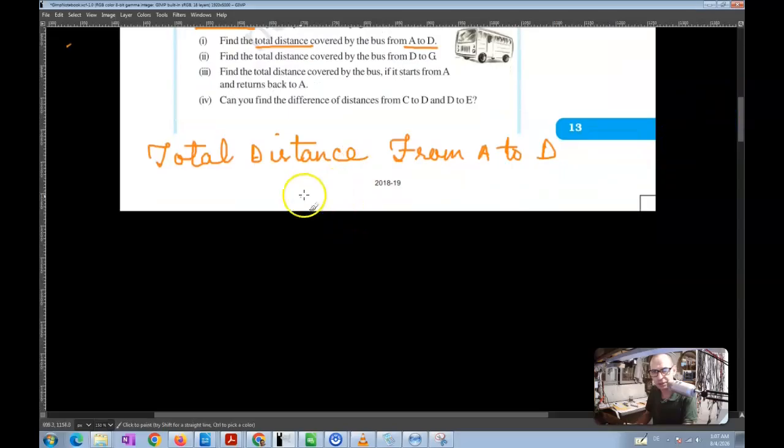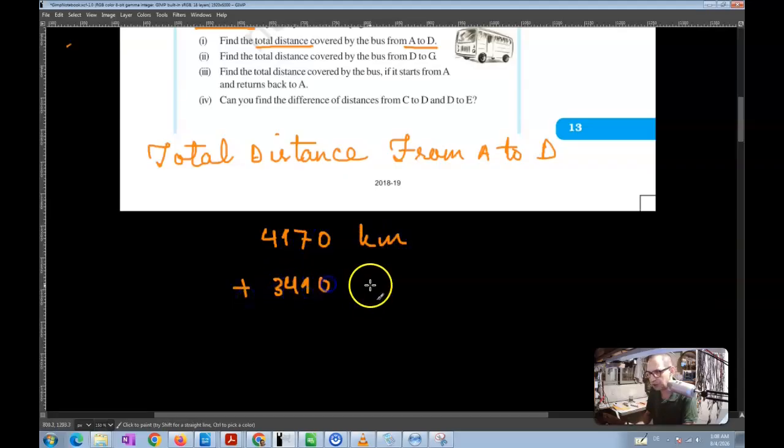It would be 4,170 kilometers plus another 3,410 kilometers plus another 2,160 kilometers, right?